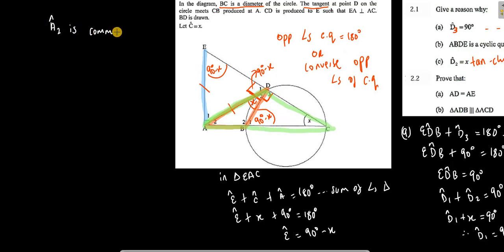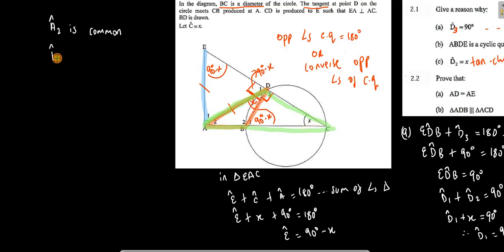Now if angle A2 is common, we are just left with finding one other angle that is equal. Which one will be that? The one that is in the red triangle and then the green triangle. Yes, it's D2. We already know that D2 in the red is equal to angle C in the green.